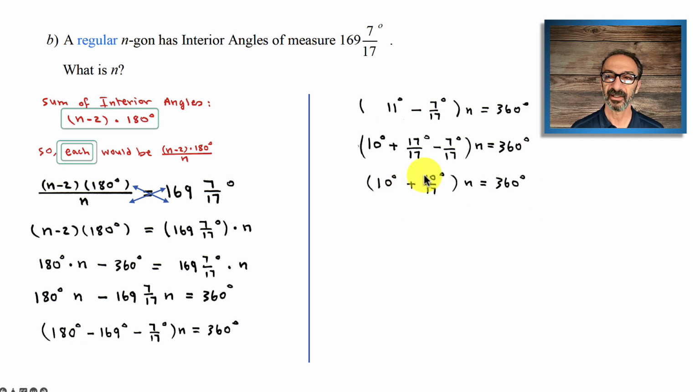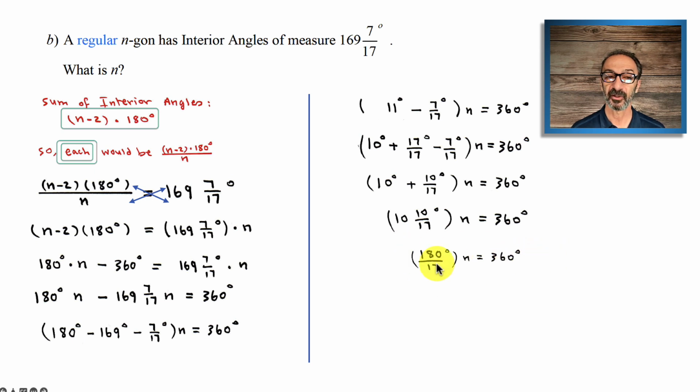That's 10 and 10/17. I noticed that I didn't say plus, I said and. That's another way to say it. 10 and 10/17. Now, multiply 17 times 10, 170. Add 10, 180, to make this mixed fraction an improper fraction. So it's 180/17.